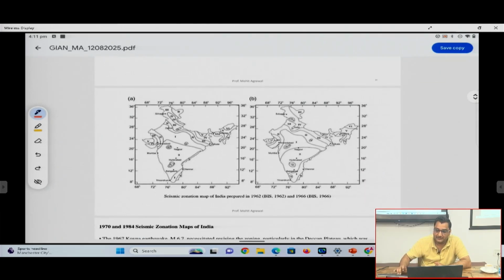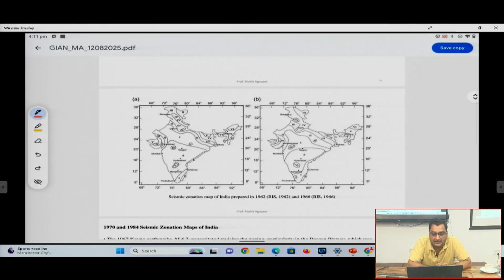You can see on the left hand side the 1962 map published by the Bureau of Indian Standards. Most of peninsular India comes into the safe zone and is assigned a 0 mark, while northeastern India and some parts of northern India were considered the most vulnerable.